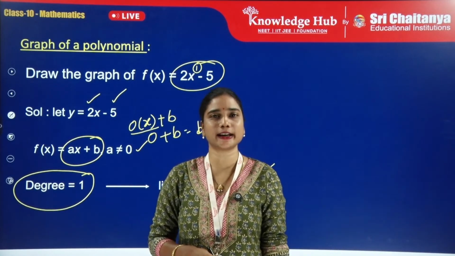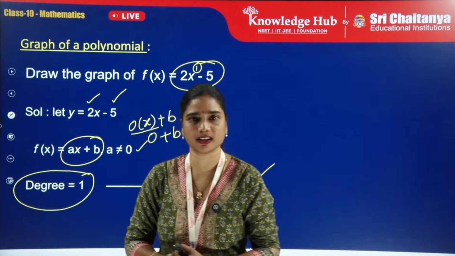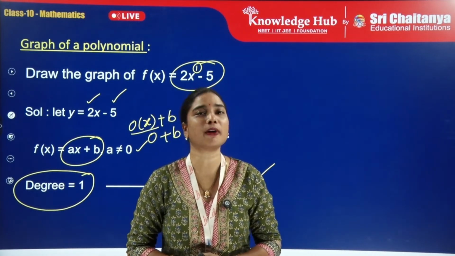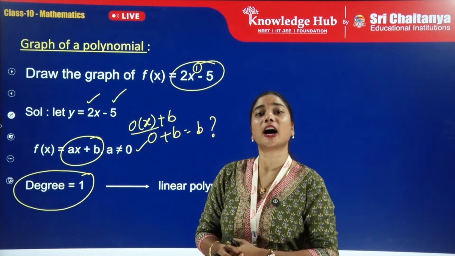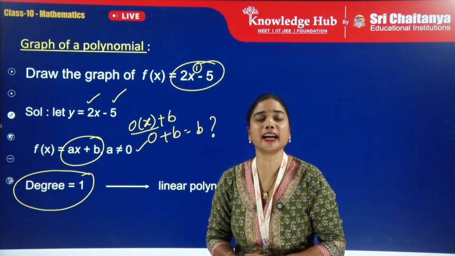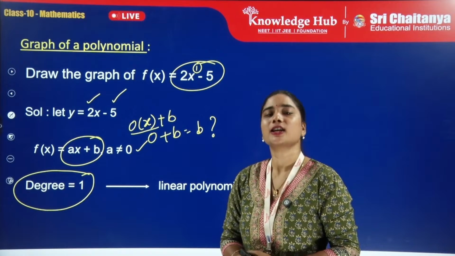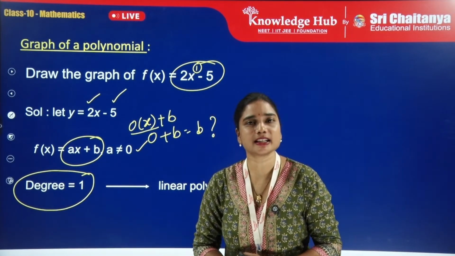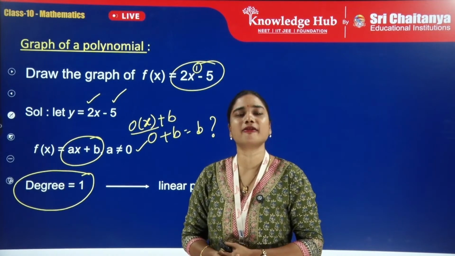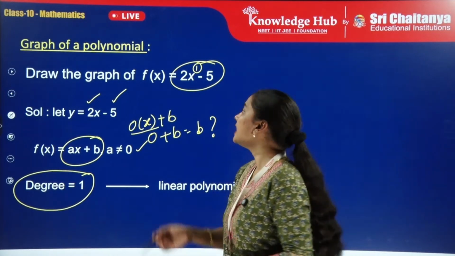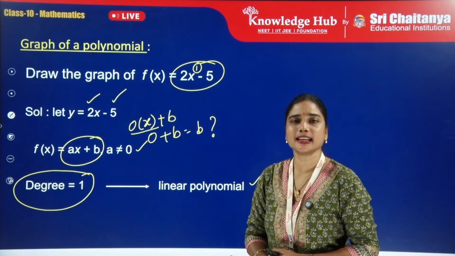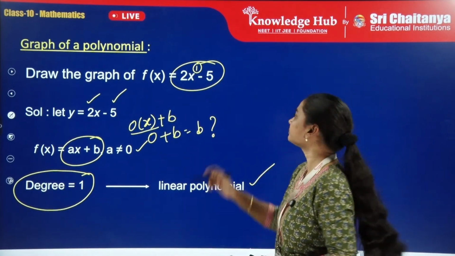To construct a graph, what do we have to find? We need to find the points on the x-axis and the points on the y-axis. So how do we generate the points of x and y? Simply take different values in place of x and find the value of y. Let's consider the given polynomial f of x is 2x minus 5.